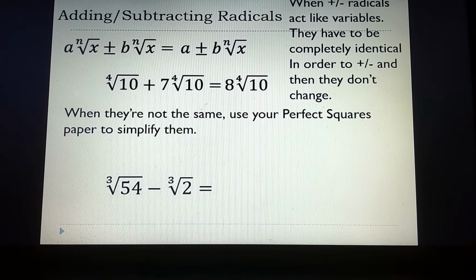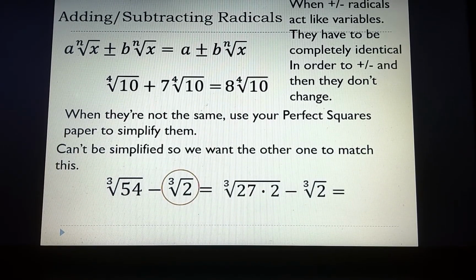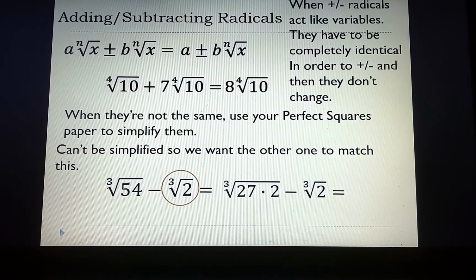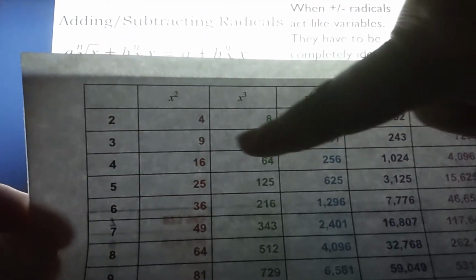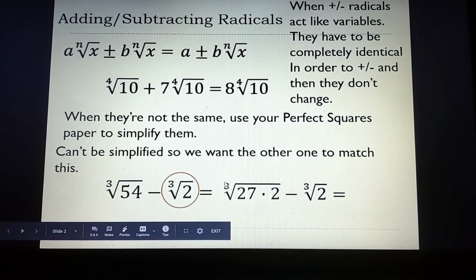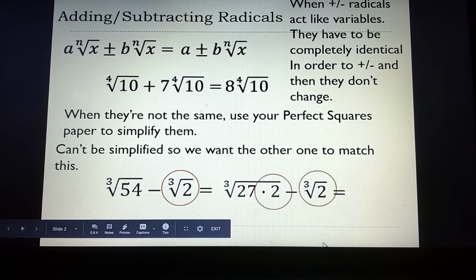Hold on. 27. Okay, now our 27 is on our x cubed list. So I know the cube root of 27 is 3. So this part will turn into 3, and these will stay the same. So it looks like this.